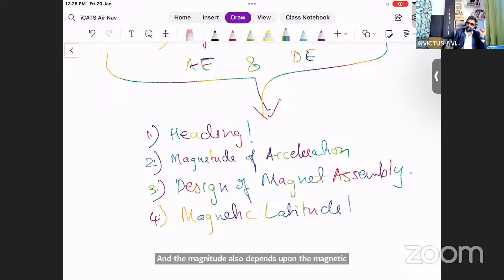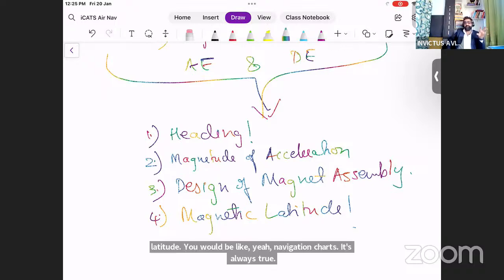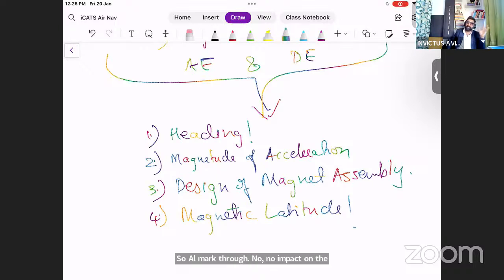Magnetic latitude, magnetic equator. Remember, in the questions, options would be simple: true equator or true magnet, true latitude. You will be like, yeah, navigation charts, it's always true, so I'll mark true. No, no, no. Impact on the magnetic compass would be with respect to magnetic meridians only and magnetic latitudes only and magnetic equator only. So variation will always be there on your charts.